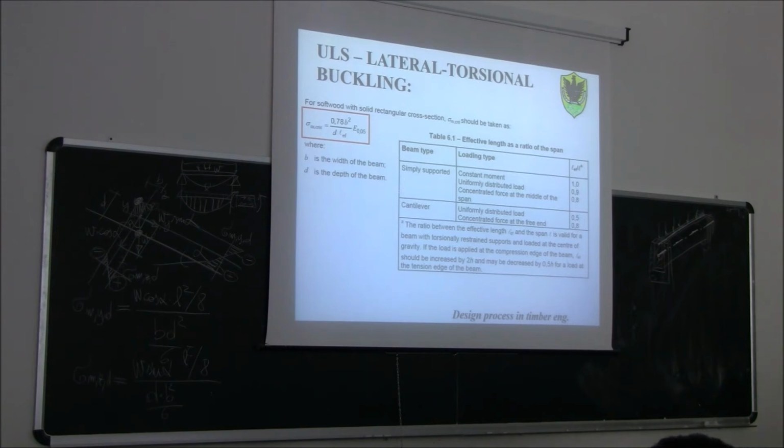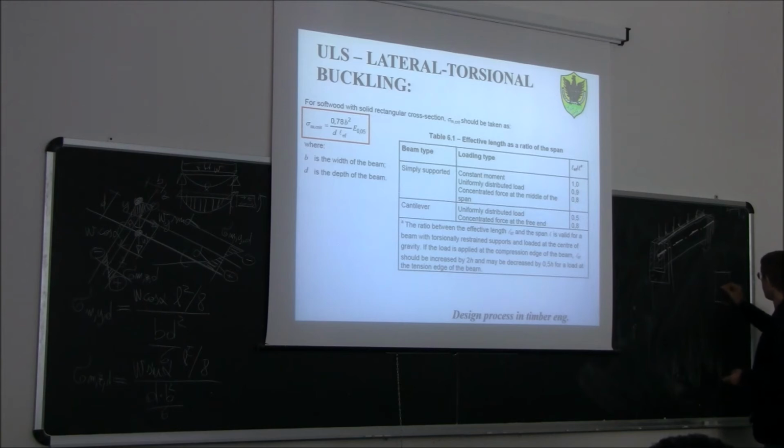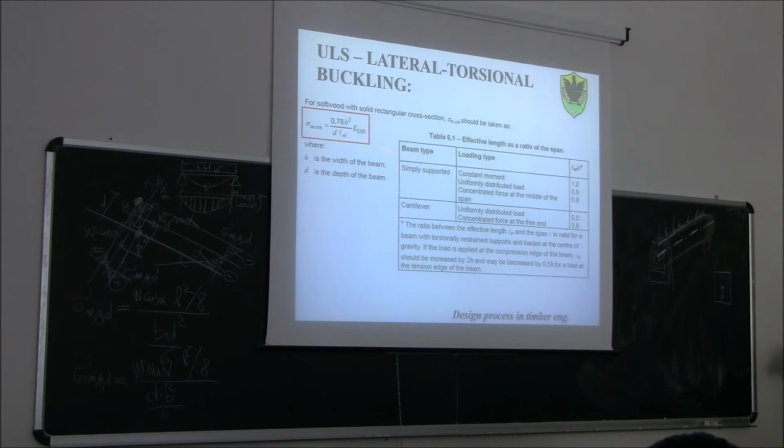Another way: we said this is the cross section. The load should be applied here to get this formula, this effective length. Instead, in reality the load is usually applied here. Is this going to improve or worsen the situation in terms of lateral torsional buckling? What do you think?